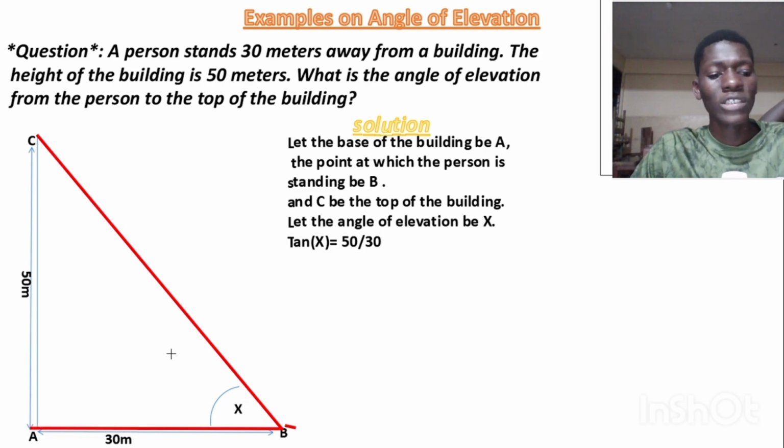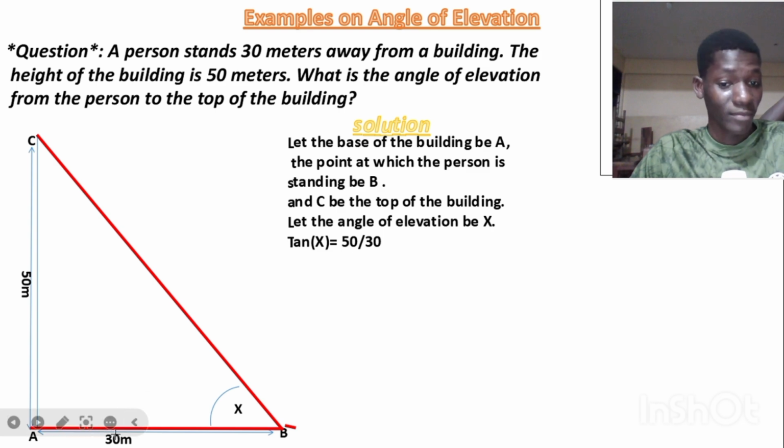Looking at opposite and adjacent, we'll be using tan, because tan accommodates opposite and adjacent. So tan of our angle x should be equal to opposite, which is 50, over adjacent, which is 30.